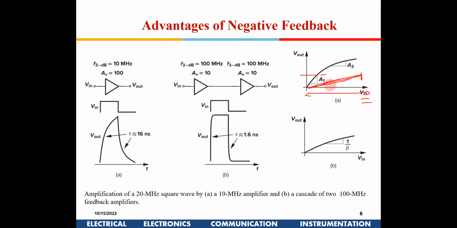The gain is only this much, so Vout will only be this much. This portion is linear. Gain is less, so this particular rolling off will not be seen here. That rolling off will happen if the gain is high at this Vout. Is it okay, Kumar? Yes, sir. Got it.